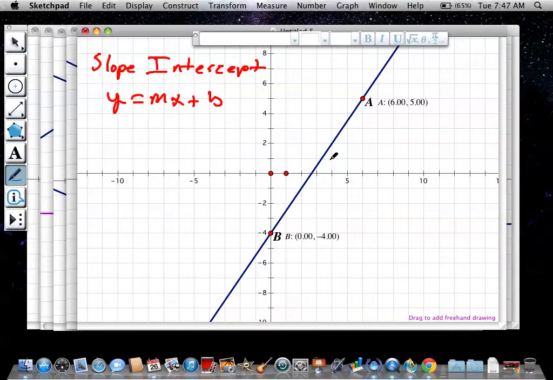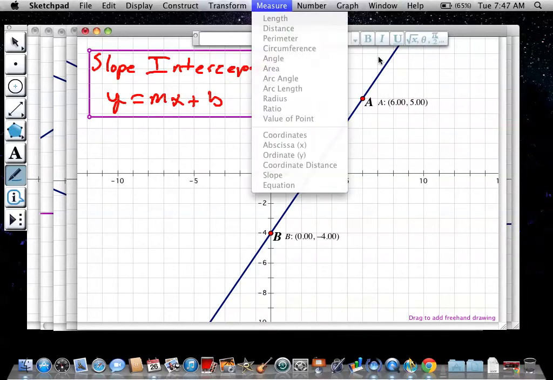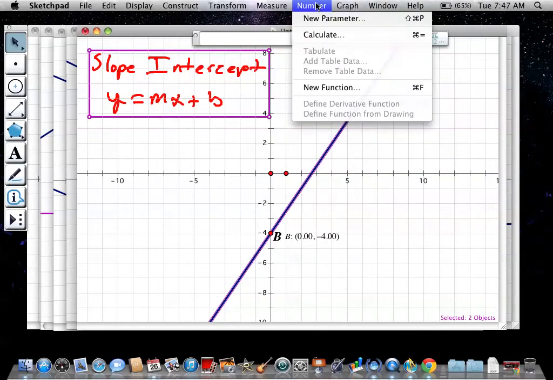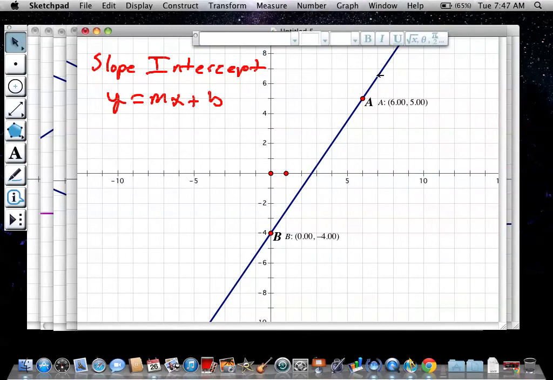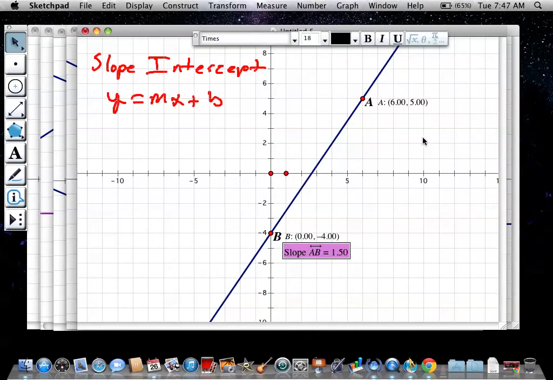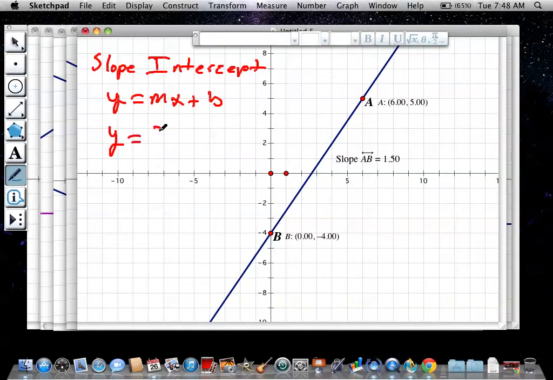So I have a line here. I'm going to measure its slope. The slope is 1.5. So a slope of 1.5 is really 3 over 2. I could put 1.5 here, but I like to put the fraction.